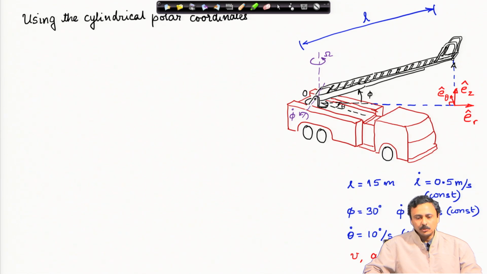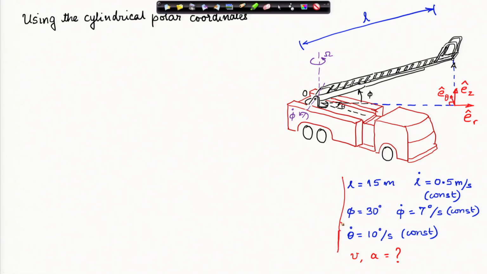Okay. I will use the cylindrical polar coordinates. Here I have mentioned all the data that is provided in the problem. L is the length OA, I am expressing it by L. Now, the position of point A is L cos phi ER.